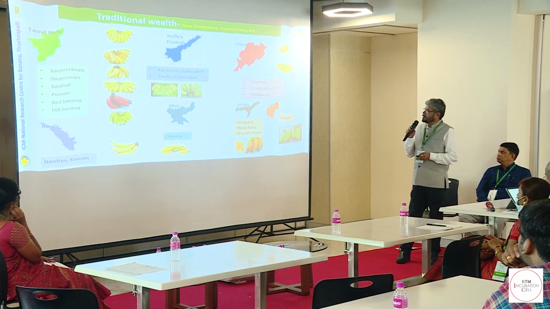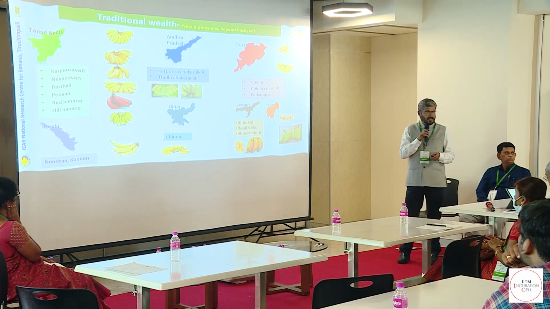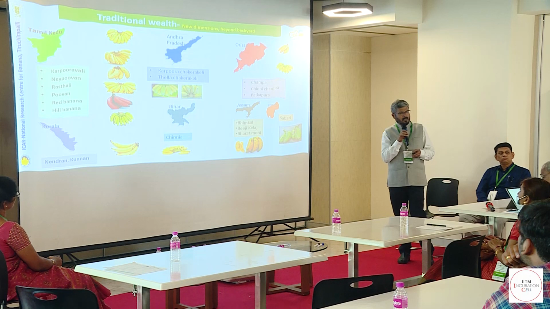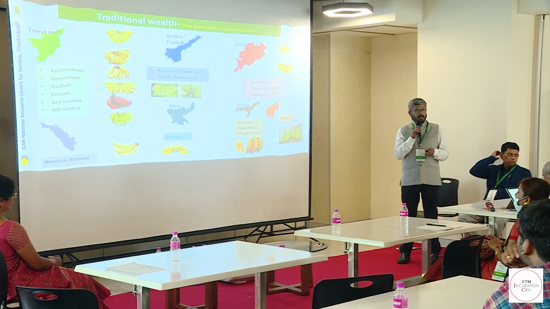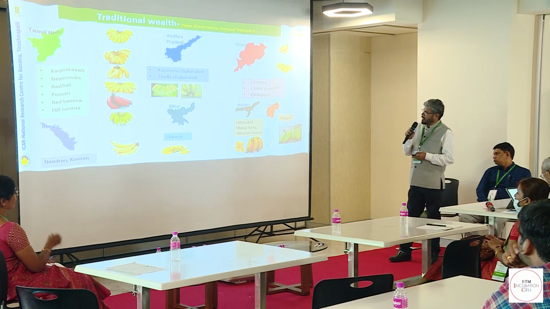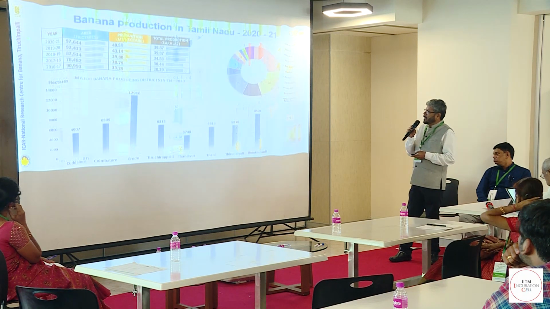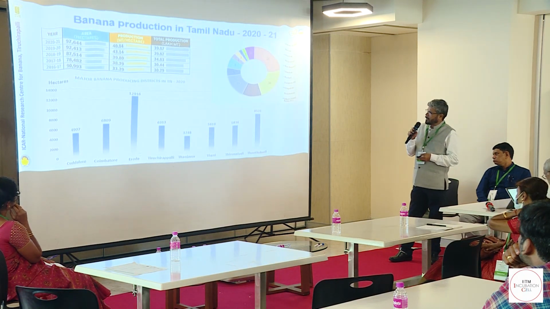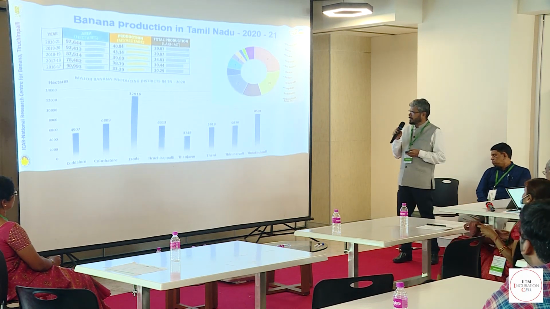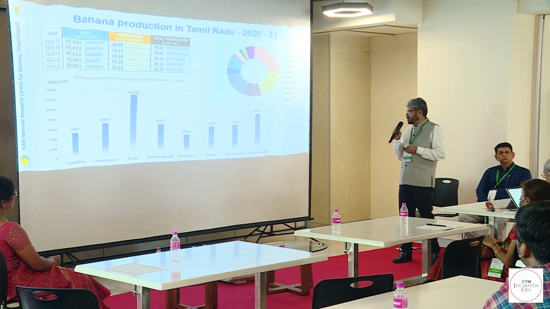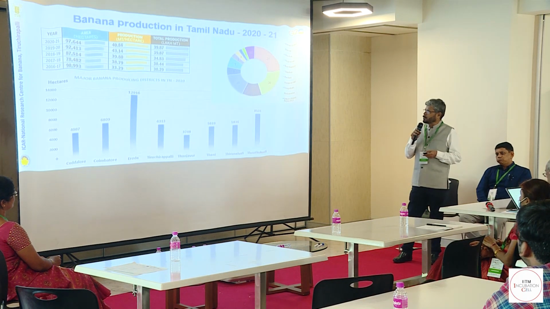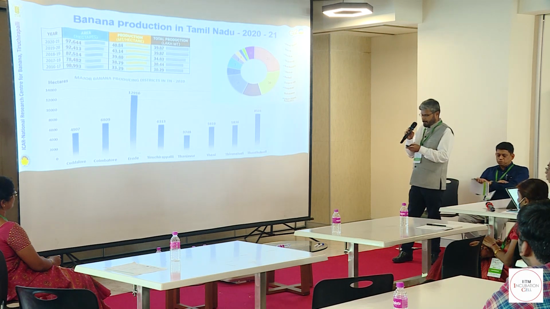Now you can see the diversity which we have in India. The exporting countries like Central and Latin American countries have only monoculture, that is only Grand Nain or Cavendish bananas. Otherwise, we have a variety of banana, and we have a lot of GI tags. Coimbatore, Erode, Tirunelveli, Thoothukudi are all places where we produce a very huge quantity of banana.